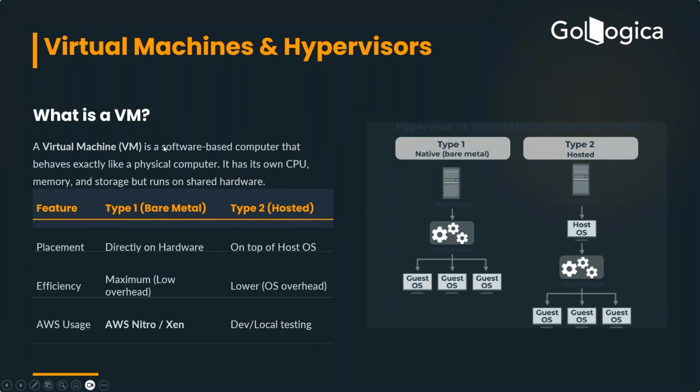The virtualization layer we use to create these virtual machines is called a hypervisor. In hypervisors we have two types: type one is bare metal, and type two is hosted. The type 1 hypervisor, as the name suggests, is bare metal. It sits directly on the hardware, the physical host, the physical server that we have.